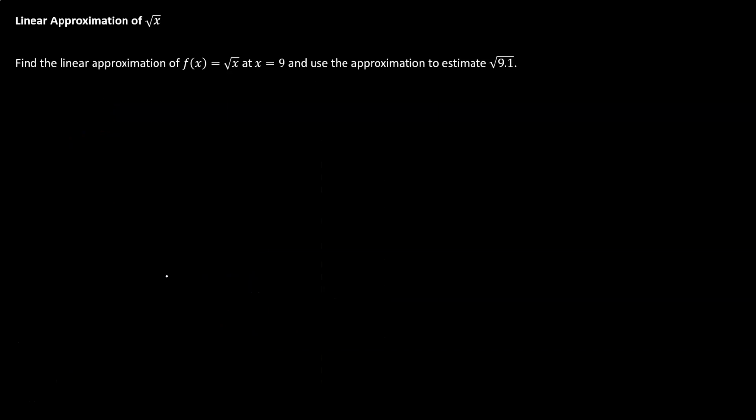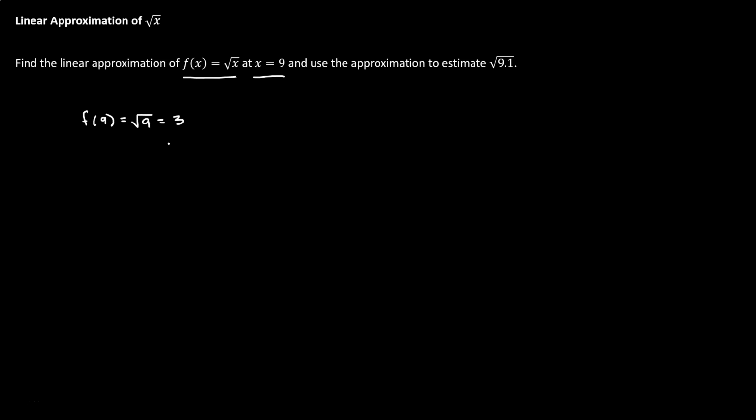Let's take a look at how this works using a tangent line to approximate a function value. Here we're looking at the function f of x equals square root x. And we're going to use the anchoring point at x equals 9. This is a good point to use because at 9, we are able to find the exact value of our function.